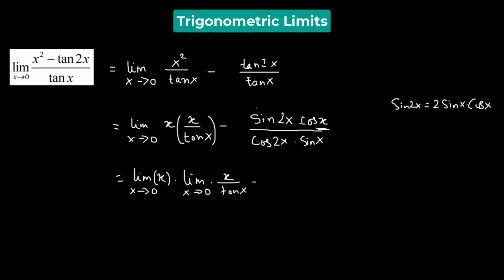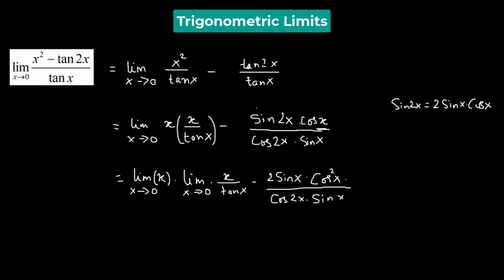So let us substitute. So we have 2 times sine of x times cosine of x. We have one more cosine of x, so that will get multiplied to give us cosine squared x. We have cosine of 2x times sine of x.